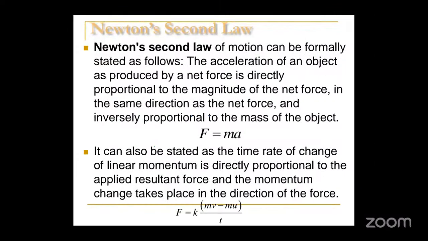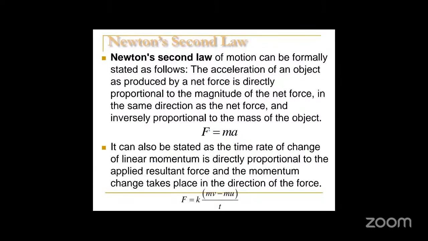According to Newton's second law, the time rate of change of linear momentum is directly proportional to the applied resultant force, and the momentum change takes place in the direction of the force. So F is equal to change in momentum over time. Remember that in the previous class, we showed that A is equal to change in velocity over t.